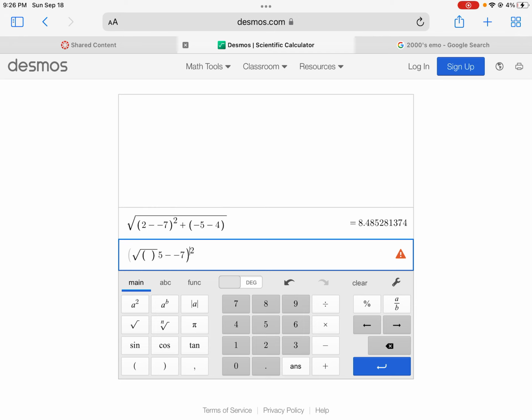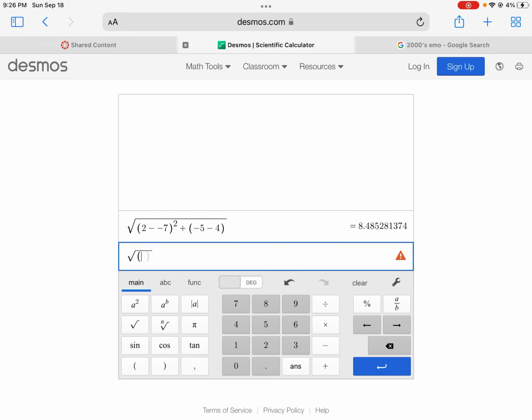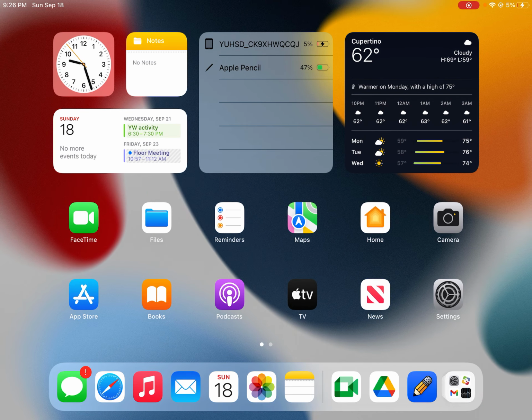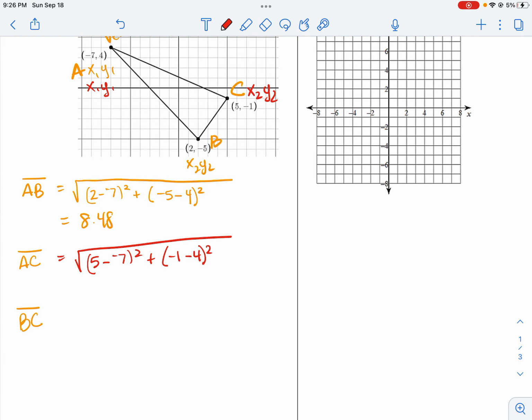See, and it took me out. I have to go back in there, that's not what I want. Make sure that it stays under the square root. 5 minus negative 7 squared plus parentheses negative 1 minus 4 squared, and this time we get 13. It's a perfect square root, so we can just leave it like that. So we get that this is 13.